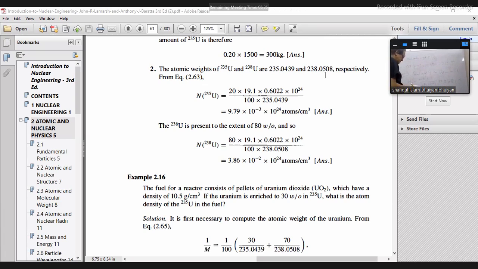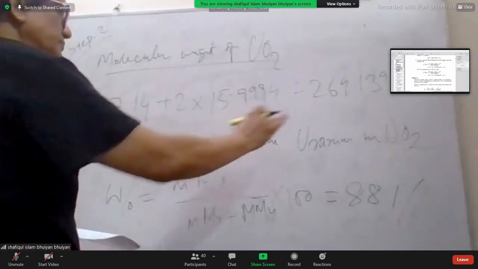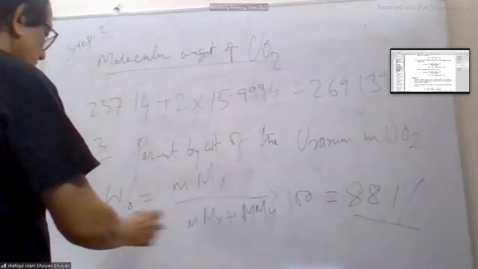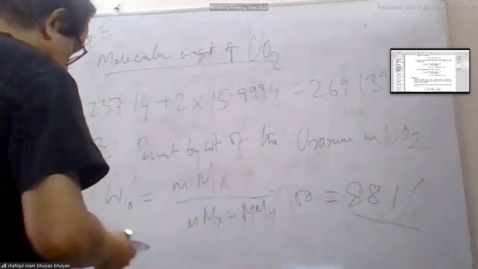So the percent by weight of uranium in uranium dioxide is 88.1%. You just use this formula and you can calculate it.